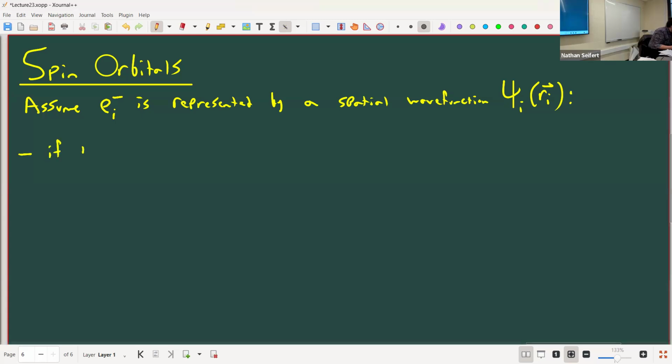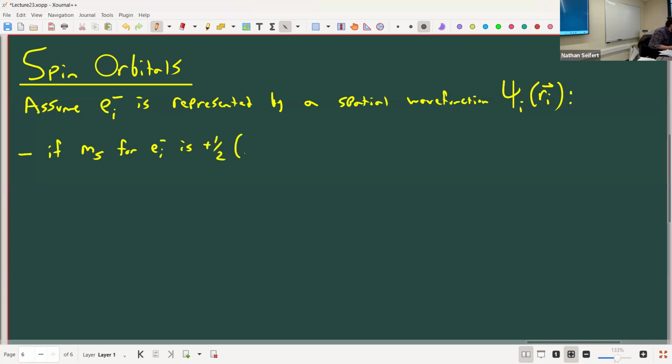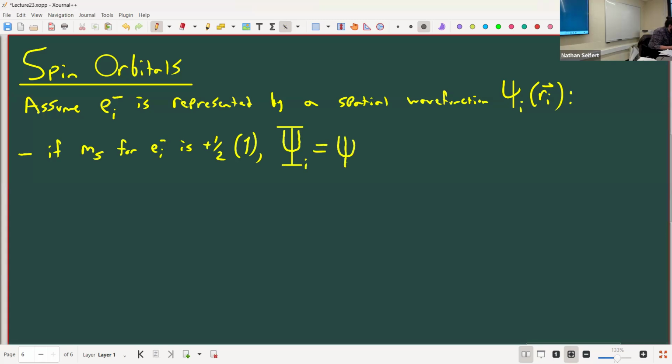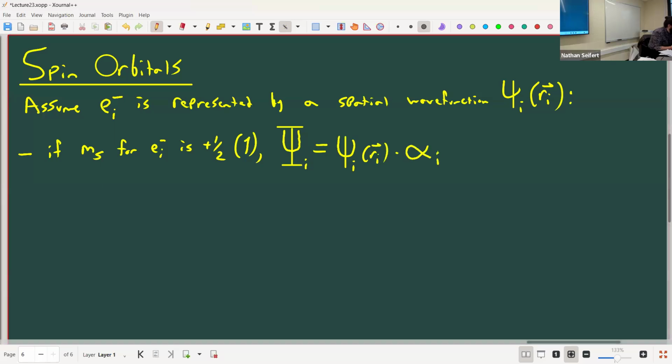If m_s for electron i is plus 1/2, meaning it's spin up, the wave function for electron i is psi_i(r_i) times this alpha_i.